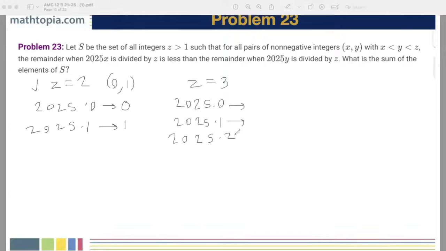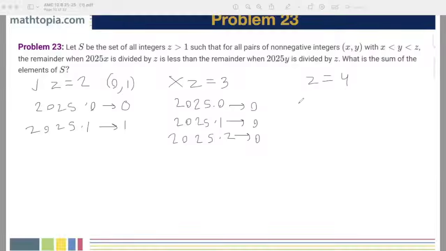Taking them mod 3, 2025 is a multiple of 3, so we get all zeros. If we pick any pair, like x is 0 and y is 1, the remainders are the same, so the first remainder is not less than the second. So 3 is not in S. 3 fails.